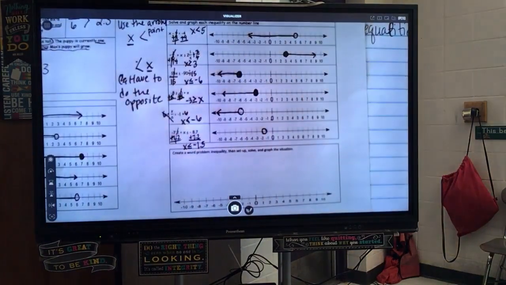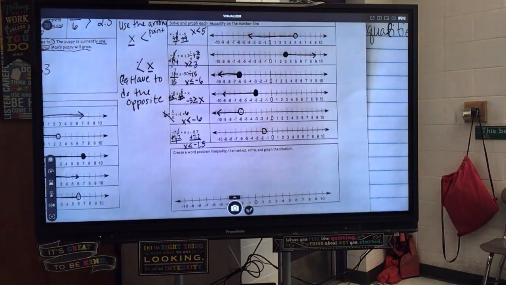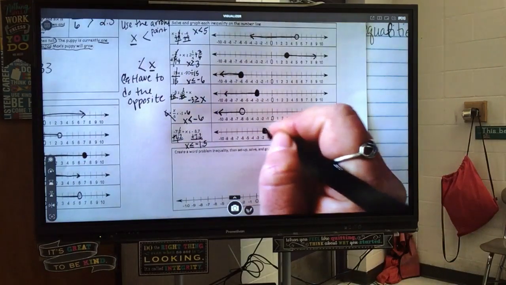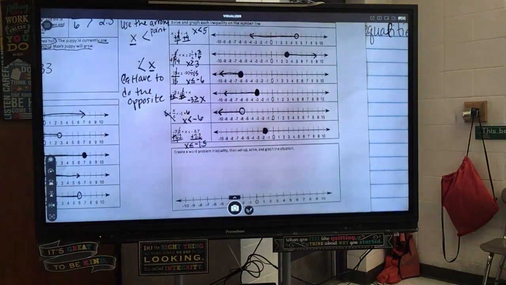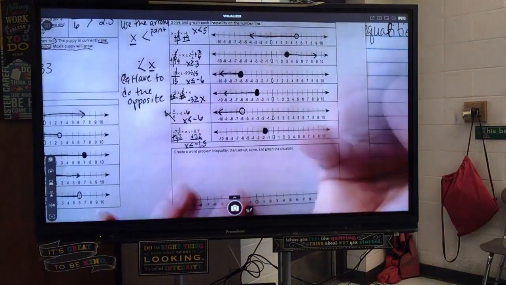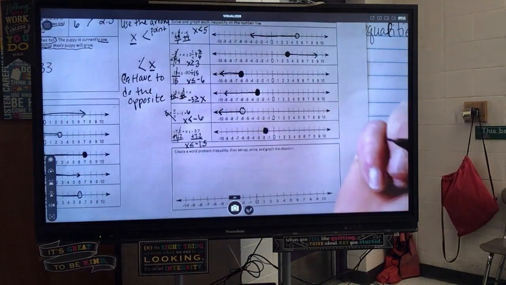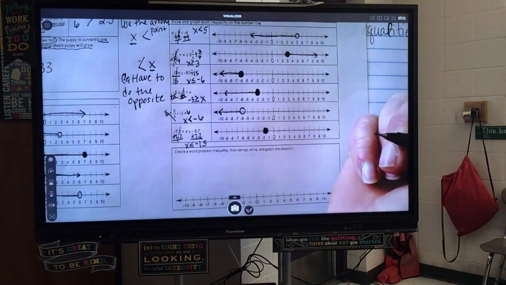River, there's my circle. It's going to be open or closed. It's going to be closed. And which direction is it going? To the left or to the right? To the right? No, to the left.